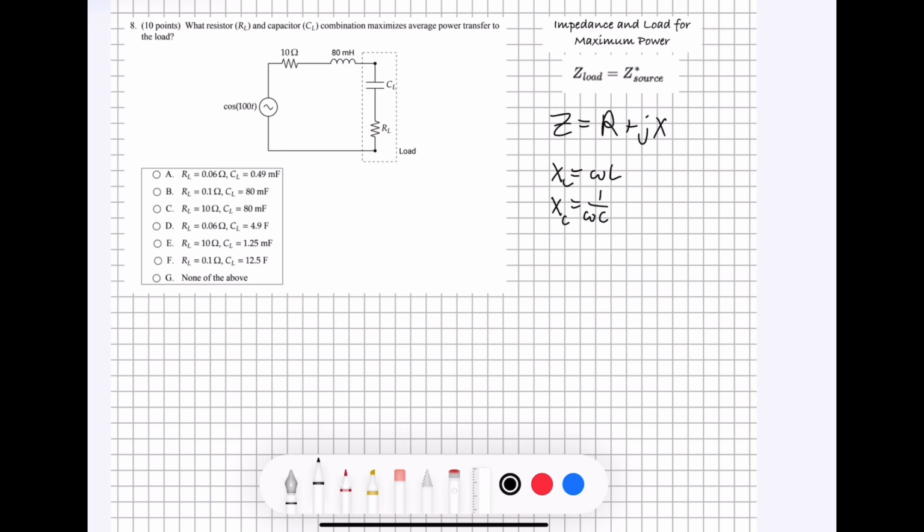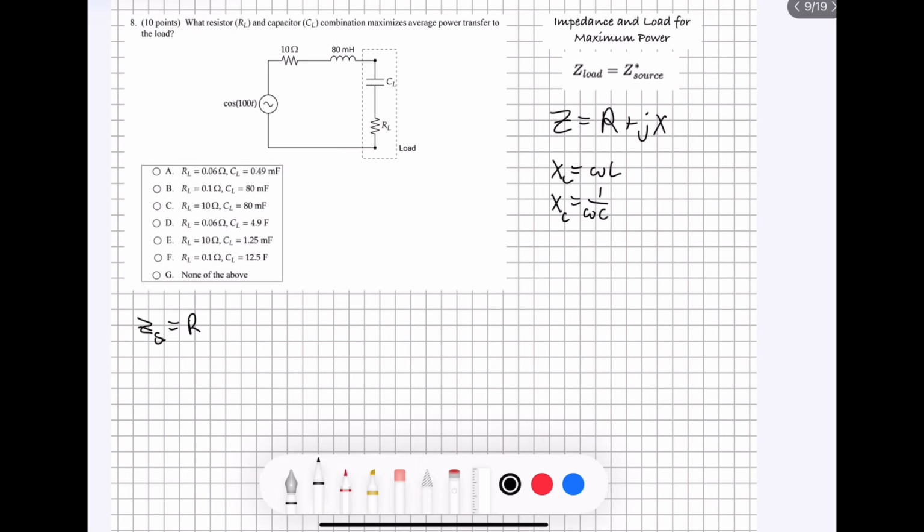Right, so if we're looking at this circuit here specifically, we know that the impedance of the source, which is going to be written as ZS, is equal to the resistance of the source plus J times the reactance of the source.